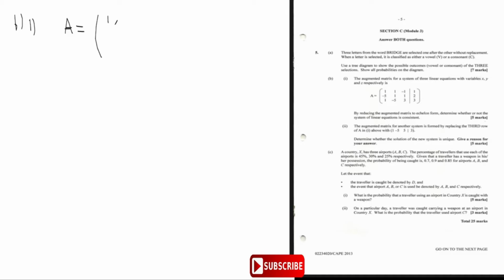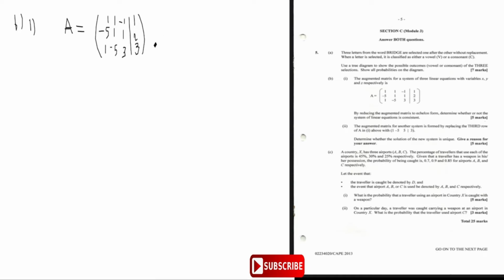1, 1, minus 1, augment 1, then I have 2 here, and I have 3 here. This is so easy. Then I have minus 5, 1, and 1, and I have 1, minus 5, and 3.